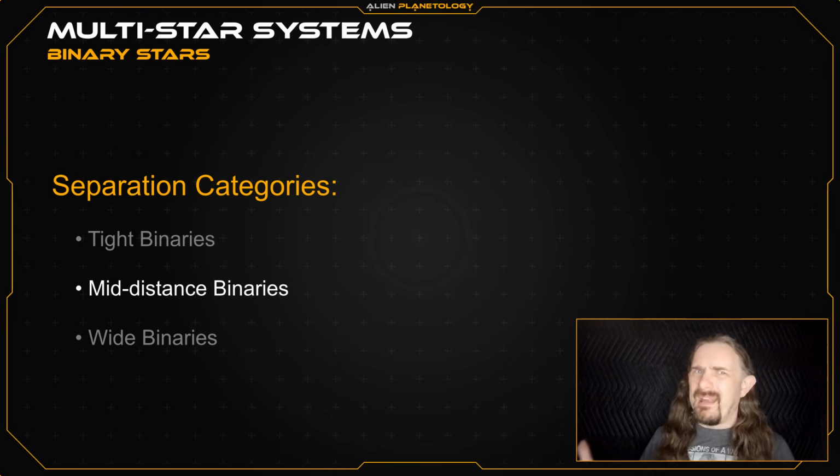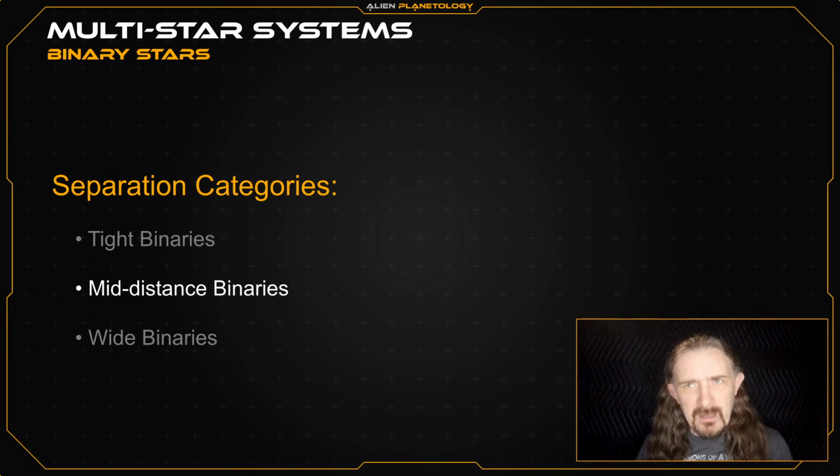These may or may not possess stable planetary orbits between them, depending on the specific parameters of the two stars. This makes mid-distance binaries the most difficult to work with when building a fictitious planetary system, as it requires a lot of calculation to locate viable planetary orbits.